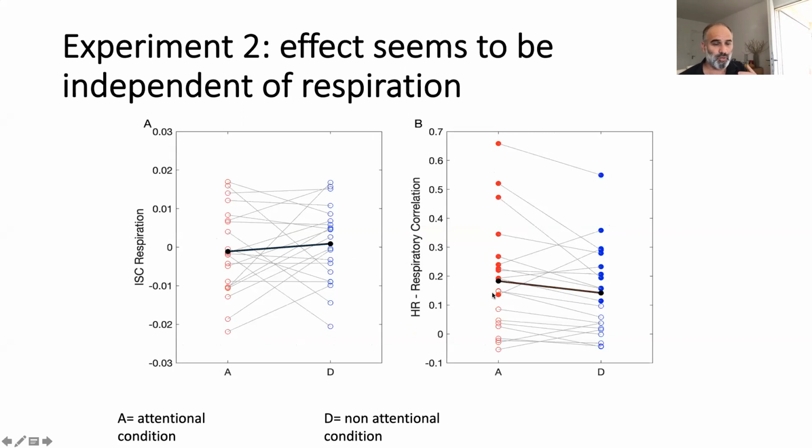So basically, when you are on the trough or valleys of the respiration, there is an increase or decrease on the cardiac activity. But when you do the correlation of the respiratory activity on these subjects, you find no effect, no modulation of the synchronization of the respiration when you compare attention versus distraction. So at least in this data, respiration doesn't seem to explain our results.